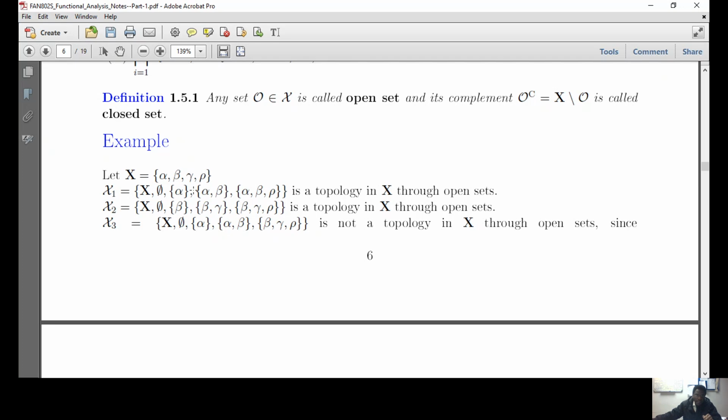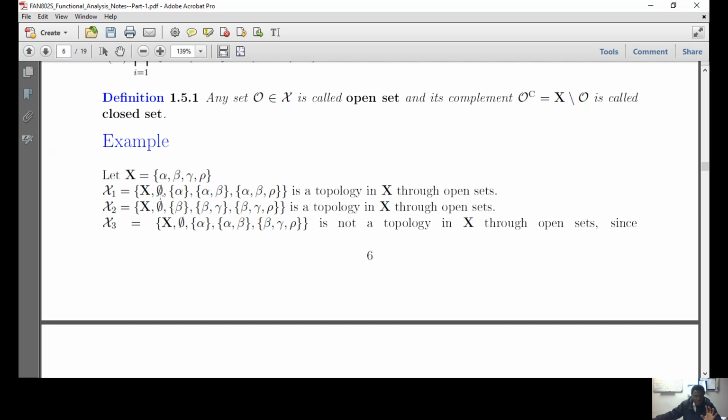Now, if you take the complement of alpha, it will be the set made of beta, gamma, and rho. And that will be a closed set for this topology, because it's the complement of an open set.